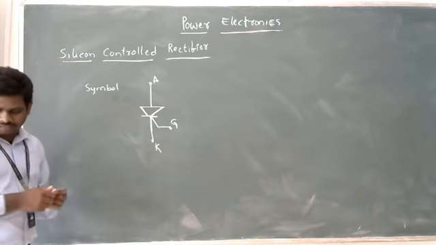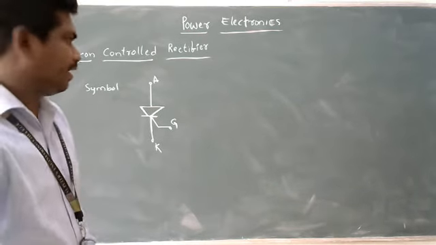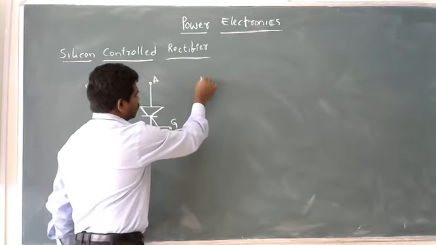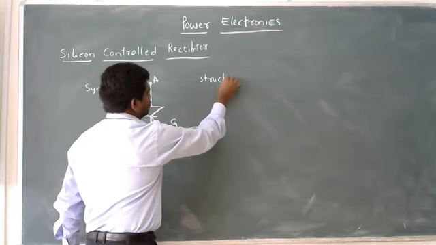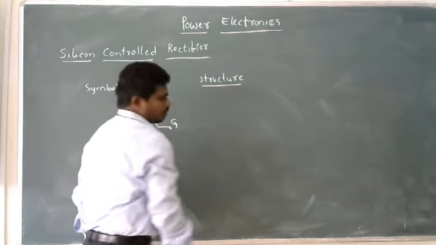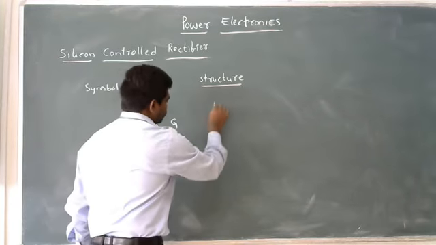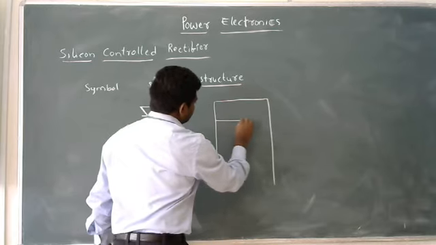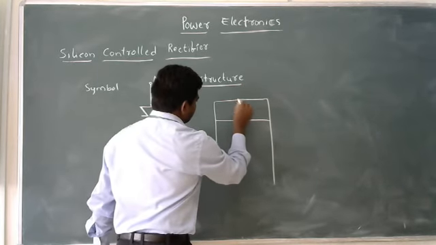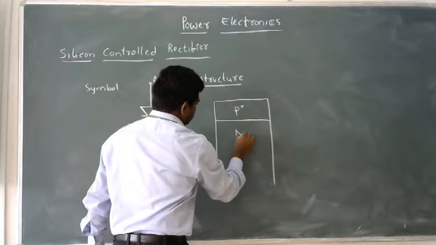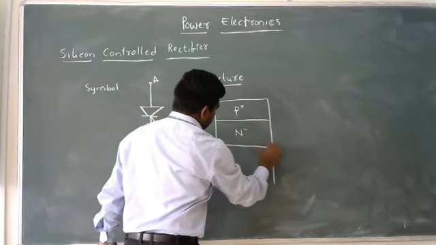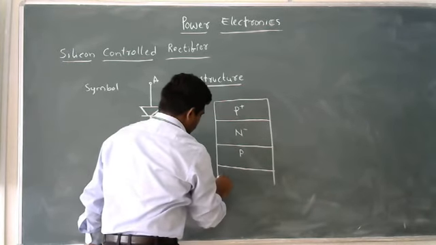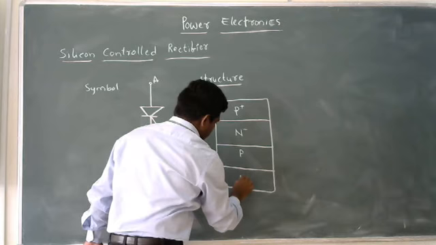Coming to the structure of this SCR, look at this structure. This is P plus, N minus, P, and N plus.